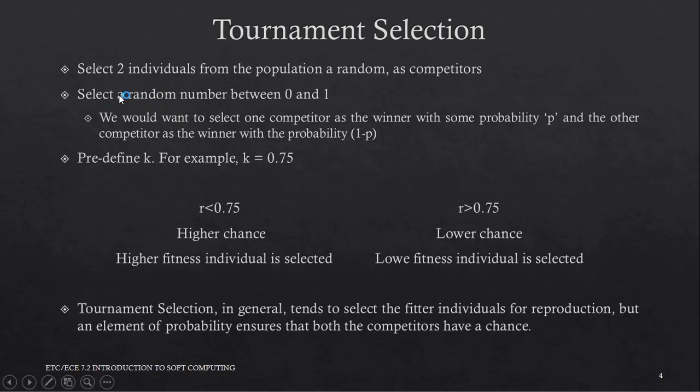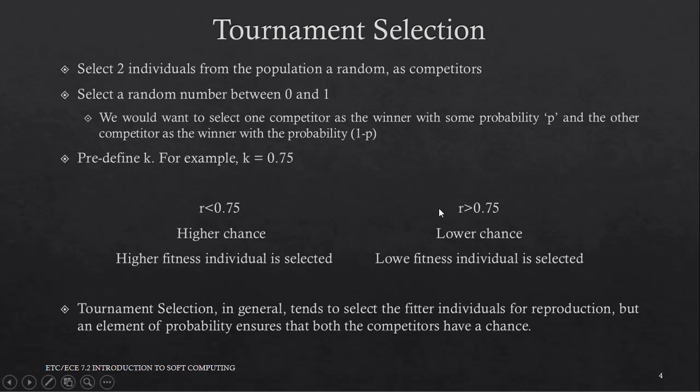To do this, we consider a predefined number K. We give it some value like 0.75. So K has the value 0.75. Now we compare our random number R. Is R greater than K?